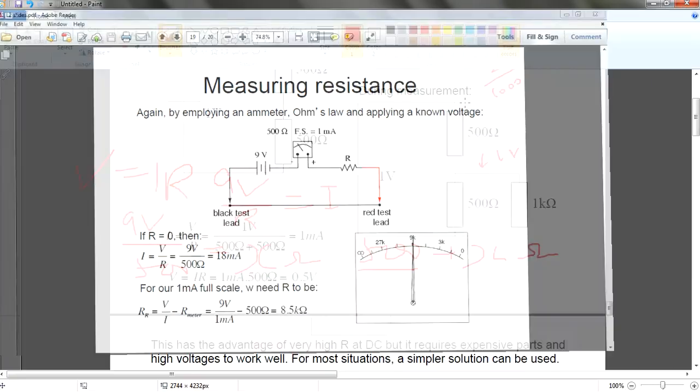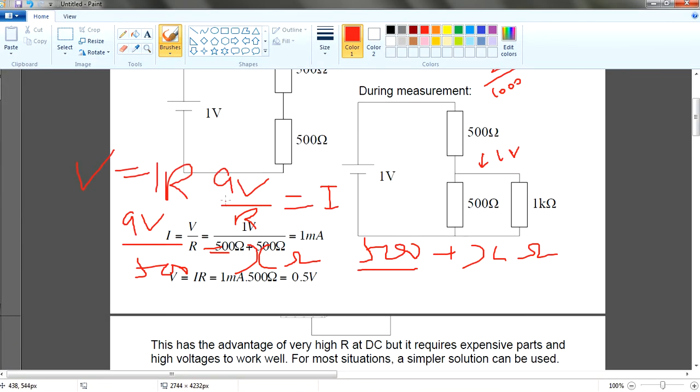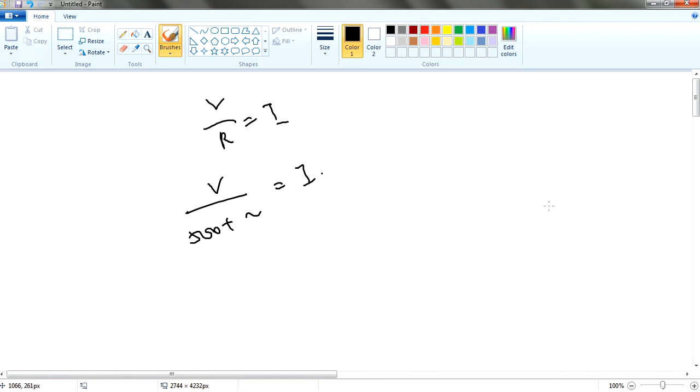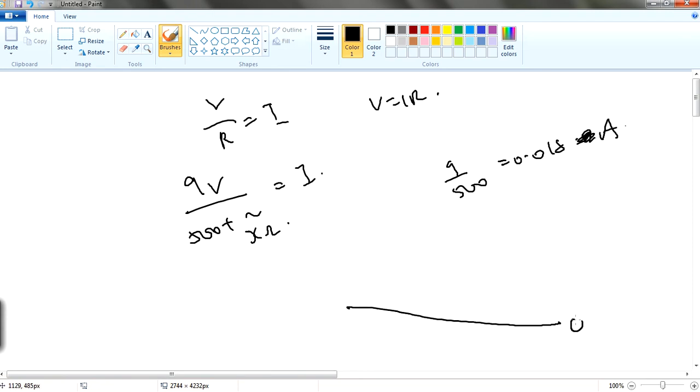So based on Ohm's law, V over R equals I, V over 500 plus some value of X ohm equals I. If you input a 9 volt, 9 divided by 500, let's calculate. Here I have my calculator. It's like 0.018 ampere. So at this point, the range is actually starting from here, 0.018 ampere.